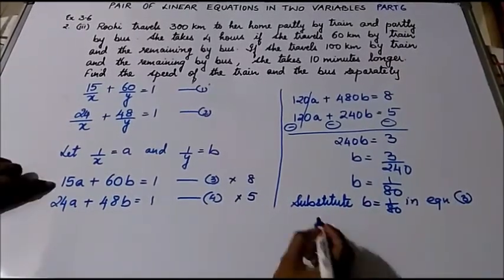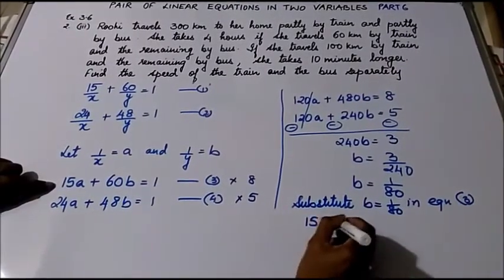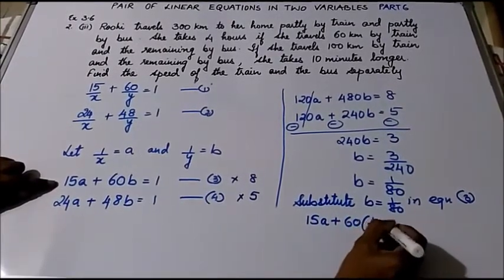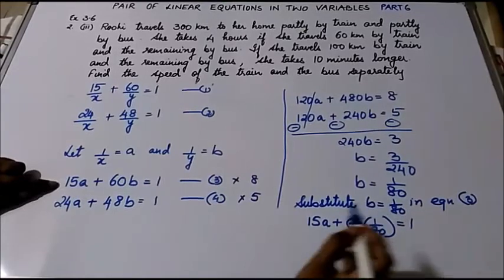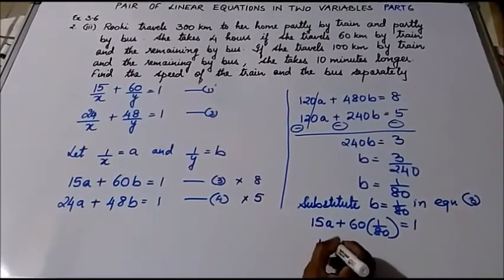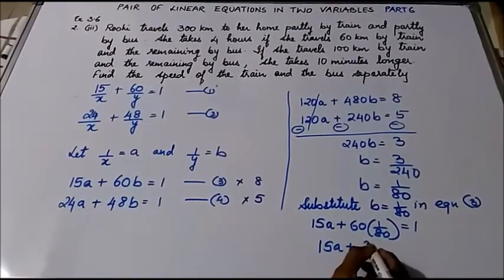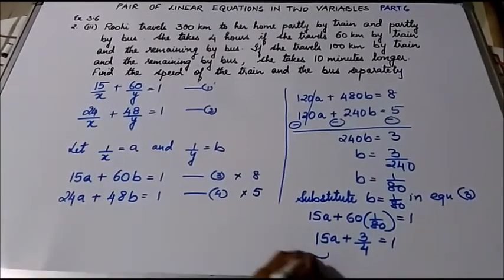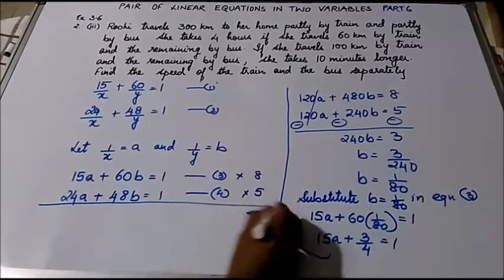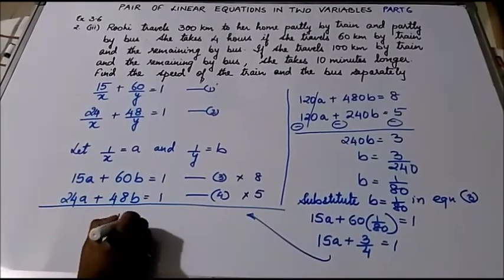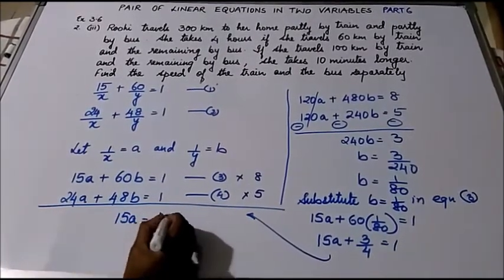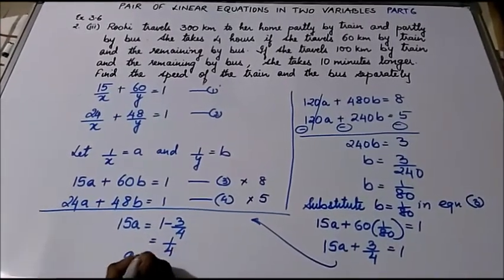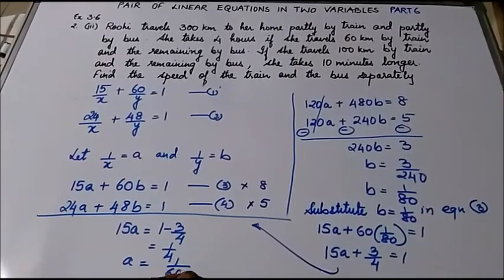What do you get here? Equation 3 is 15a plus 60 into 1 by 80 is equal to 1. This gives us 15a plus 3 by 4 is equal to 1. This will give us 15a is equal to 1 minus 3 by 4. That is equal to 1 by 4. So a is equal to 1 by 60.